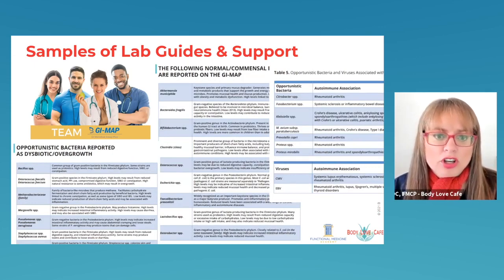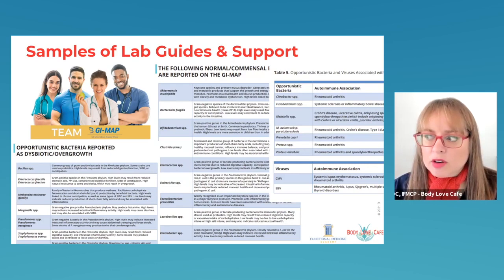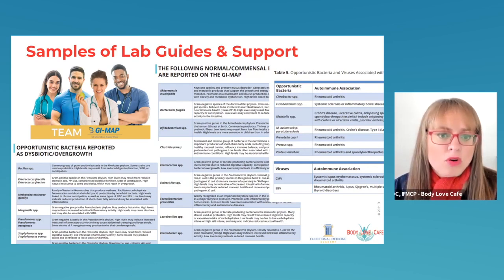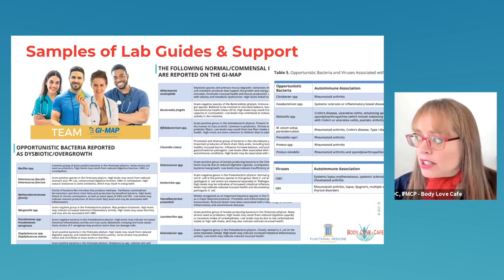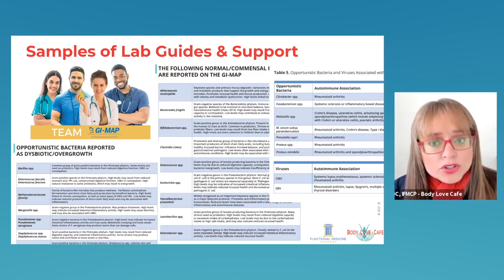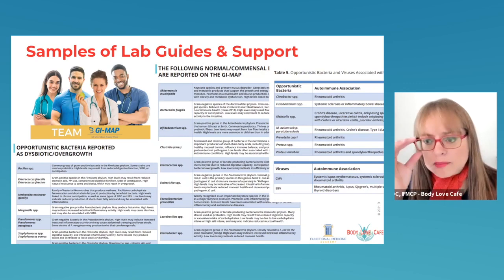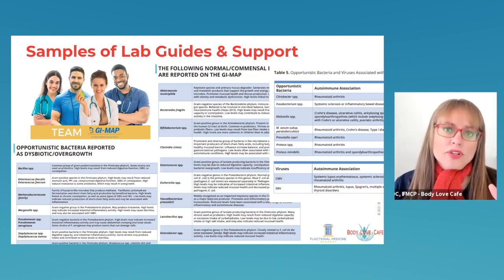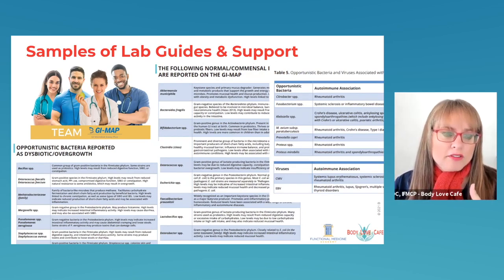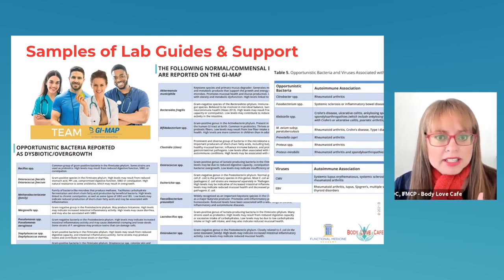So you can look up a specific bacteria, whether it's commensal or opportunistic, and get some information about it, whether there's an autoimmune association. So some of that bacteria, it's still an opportunistic bacteria. And opportunistic, we have beneficial bacteria, we have pathogens, and opportunistic may or may not be present.